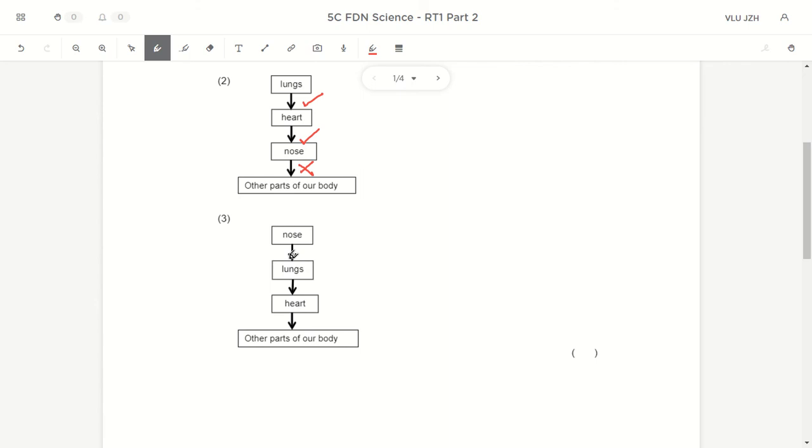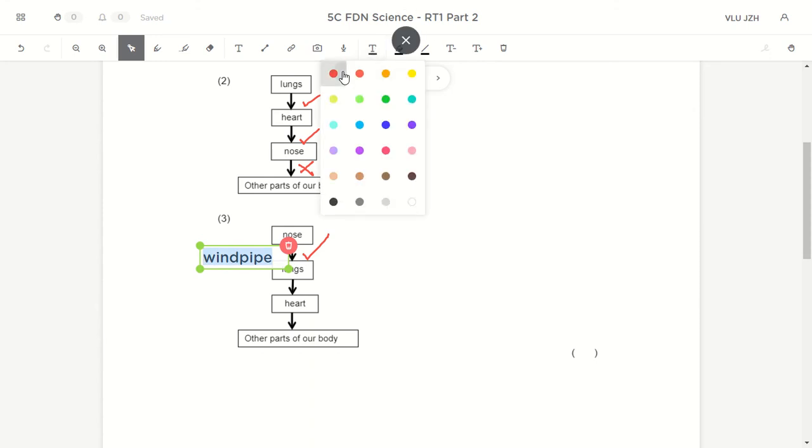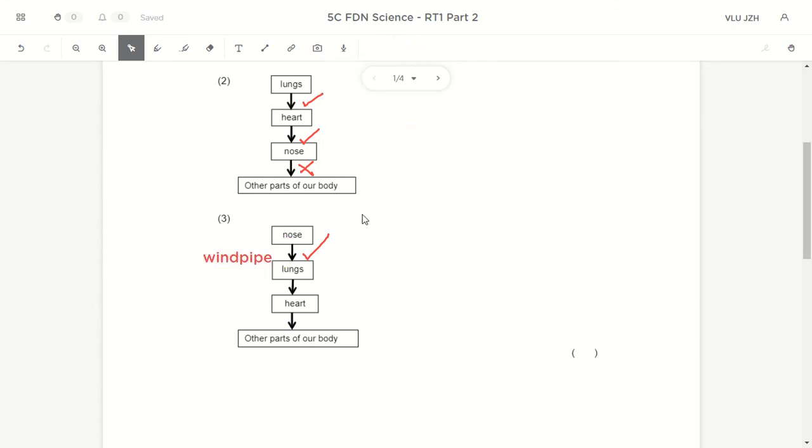Yes, as you breathe in, the oxygen goes from the nose to the lungs through the windpipe. Let's put in the windpipe in between here. So the oxygen flows from the nose to the lungs through the windpipe.